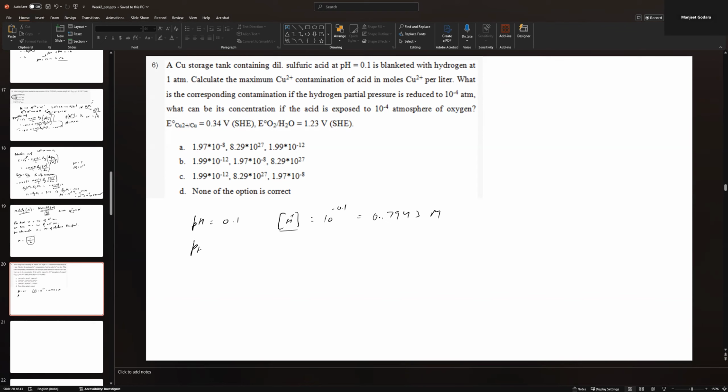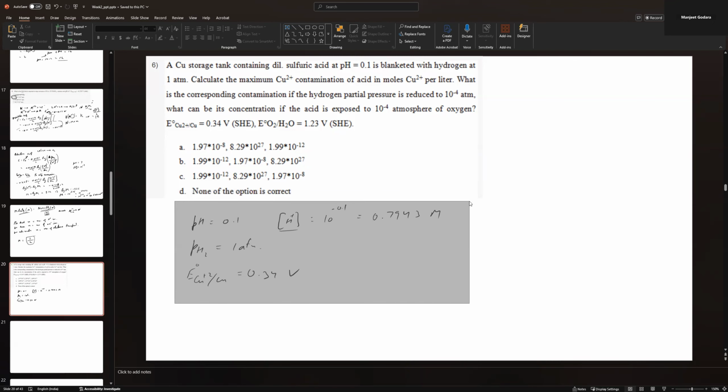We're given partial pressure of H2 equal to 1 atm. Standard potential for copper reduction is given. I think the first part's information is enough.